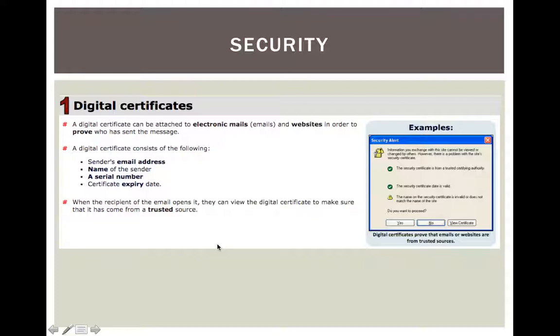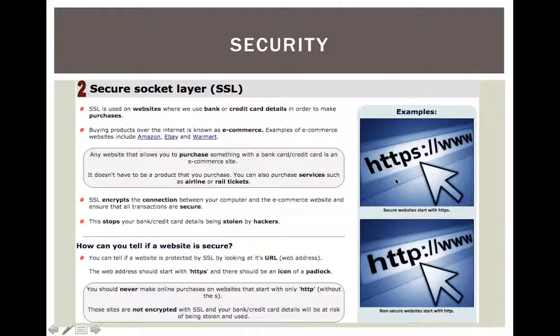Another method is by using a secure socket layer, an SSL, which is when we log on to websites that have the HTTPS code at the front. So HTTPS is, well, we've got Hypertext Transfer Protocol, and this is a Hypertext Transfer Protocol secure layer, okay?